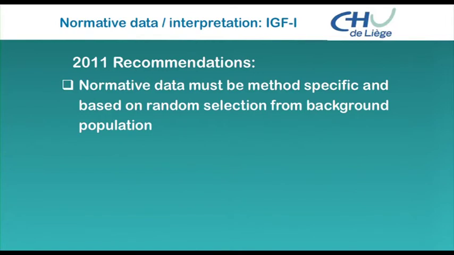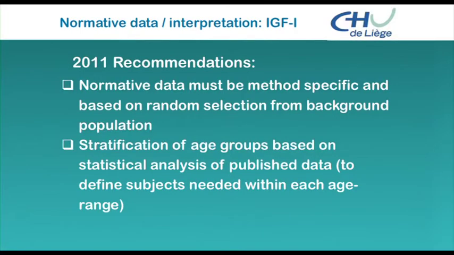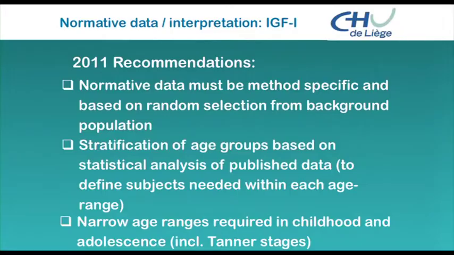So we should have reference ranges which are method specific for IGF-1 and based on random selection from the background population. In children, this is also very important. You have to have good reference ranges in children for IGF-1, with narrower age ranges, and including the terminal stage of puberty.